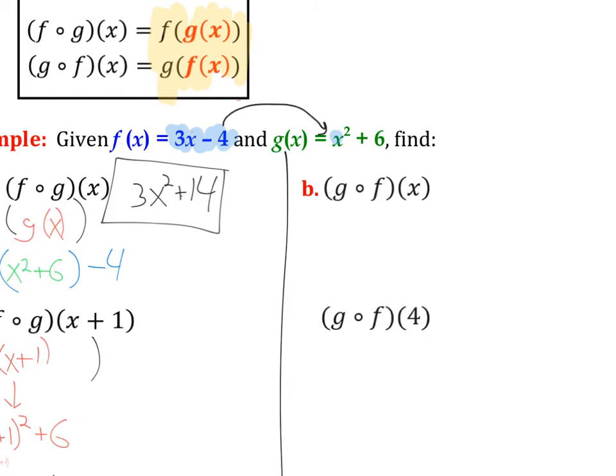Okay, well, when I do this, I'm going to first rewrite it. So g of f of x, and I know f of x was 3x minus 4, and that's getting plugged into my g function.